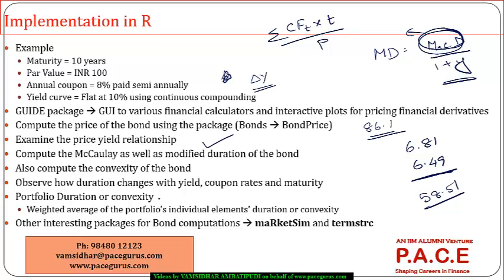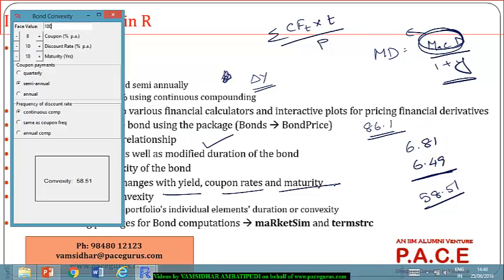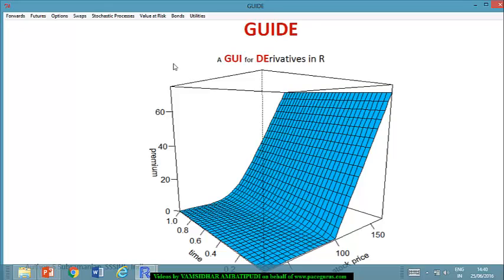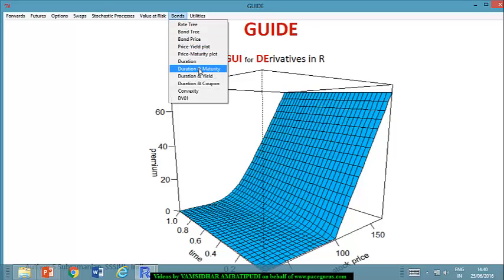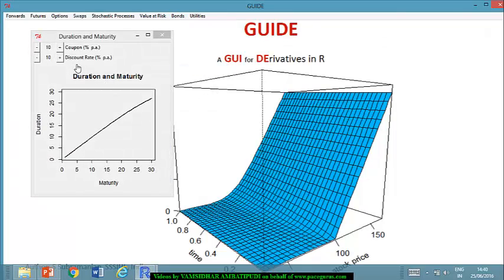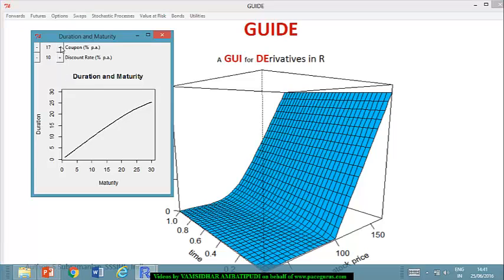I also want to see how the duration changes with the yield, coupon rates, and maturity. We have different other functions to work on. We could see in case of bonds how the duration is changing with maturity. This is a graph between maturity and duration. If the coupon is increasing, the duration is decreasing.